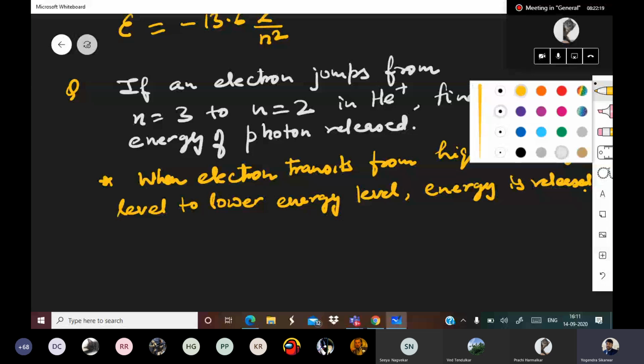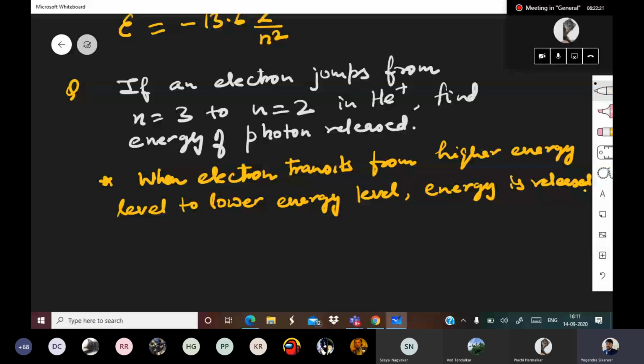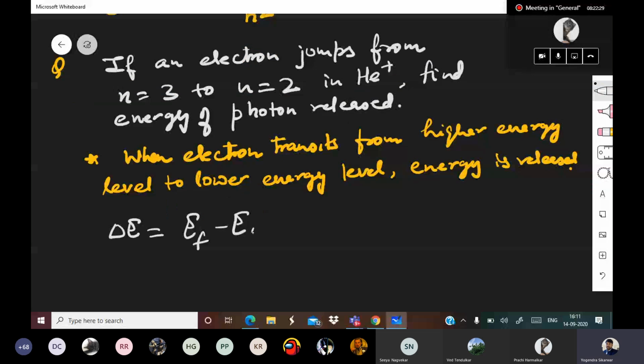So what we are going to do, pay attention everyone. Delta E will be E final minus E initial, correct? Now E final is how much? It is going from 3 to 2.